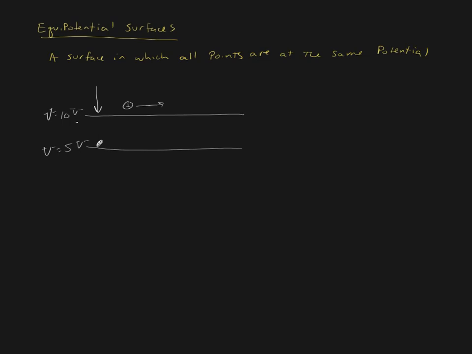I lost potential energy, but it increased into kinetic energy if this was a particle free to move. And in order for that energy to be transferred to the particle, work must have been done, because that's our definition of work.